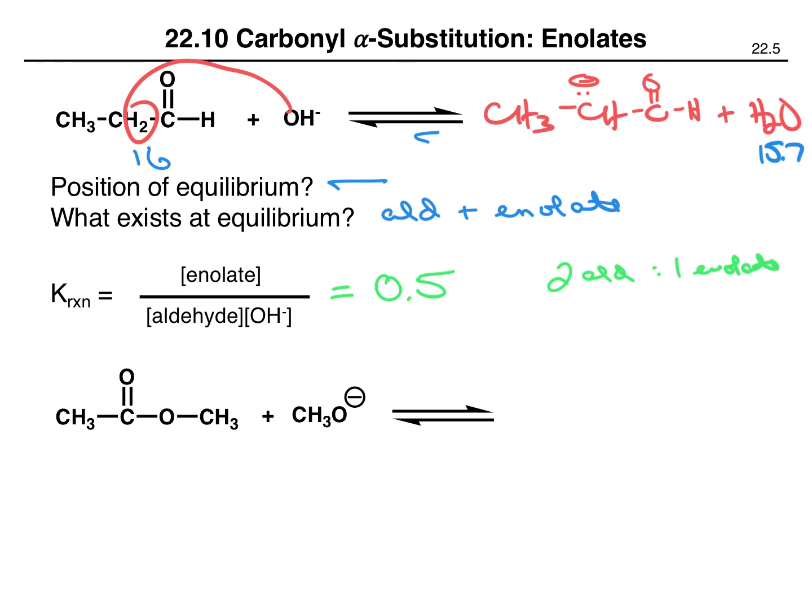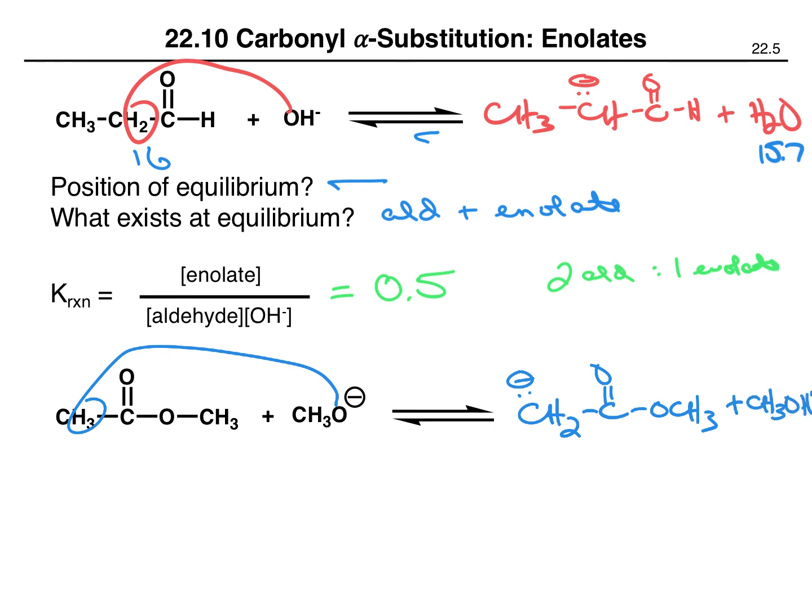If we look at the example of an ester, so this base can grab off an alpha proton, giving us this enolate plus methanol. Here we have a pKa of about 24 compared to 15. And so this is the stronger acid.